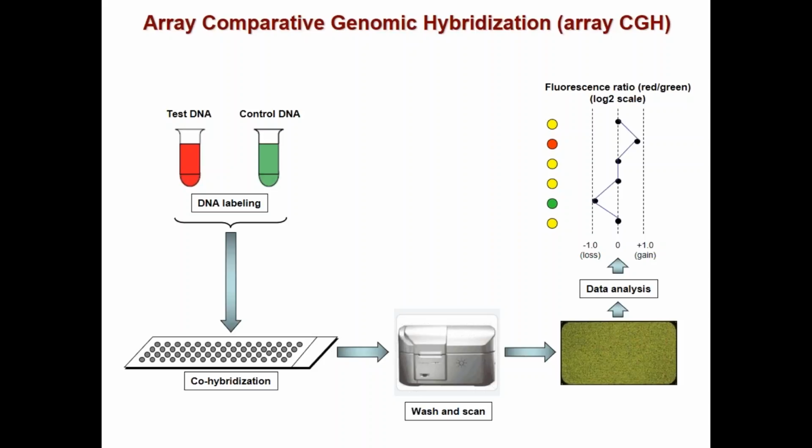So deletions will shift to the left, duplications will shift to the right. When we are doing this analysis, we cannot depend on single oligos to make calls. We have to have at least 3 sequential oligos that are deleted or duplicated, gained or lost, to make a call.